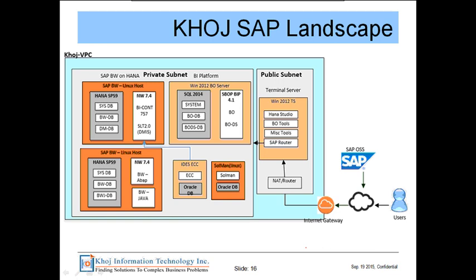So, I will give you a brief introduction to the Coach SAP landscape. What you see in this picture is what we have built specifically on AWS for the purposes of this course, right? So we have introduced, number one, AWS.